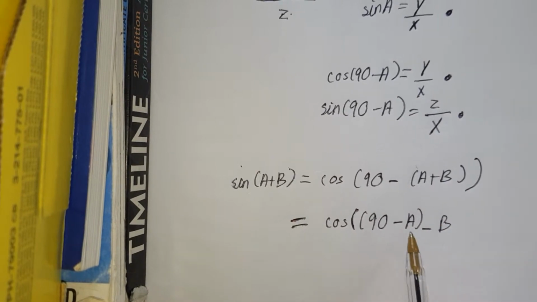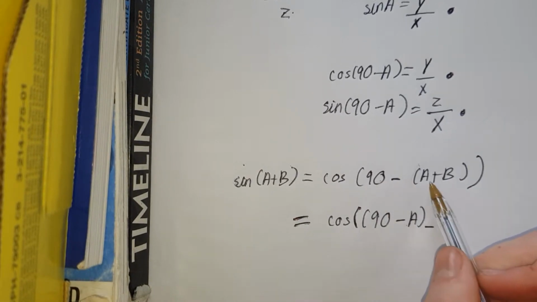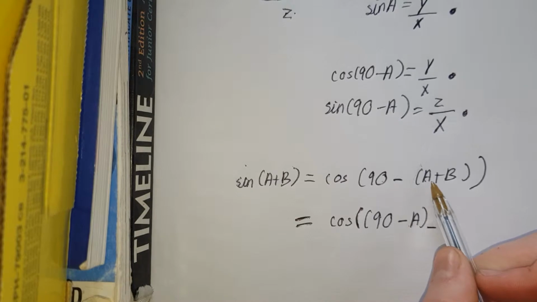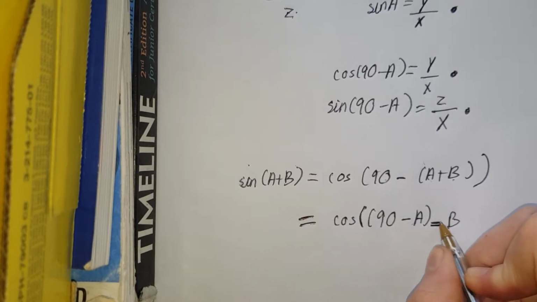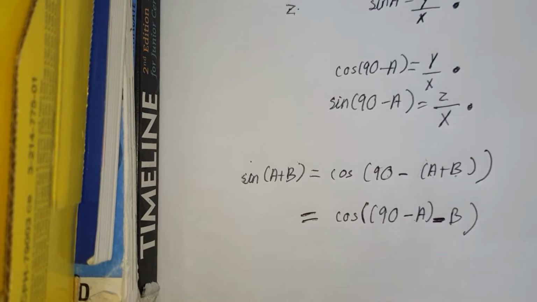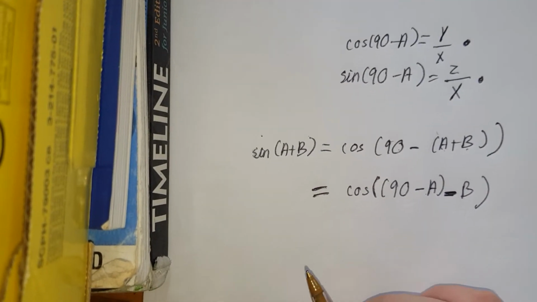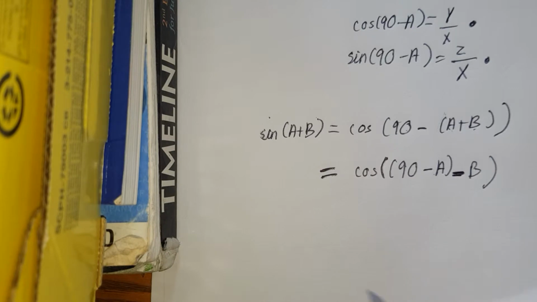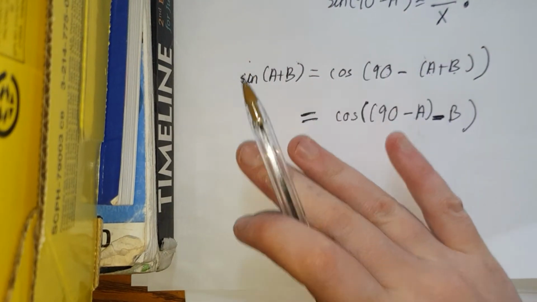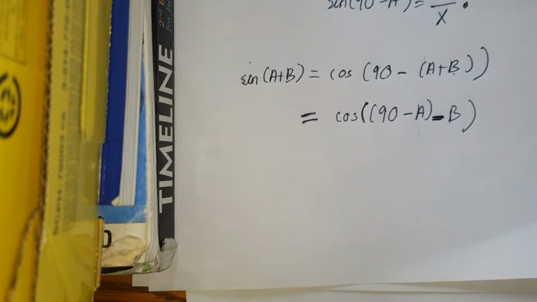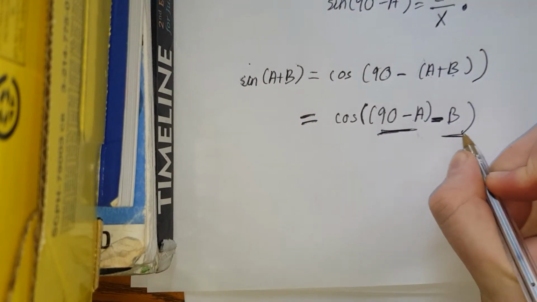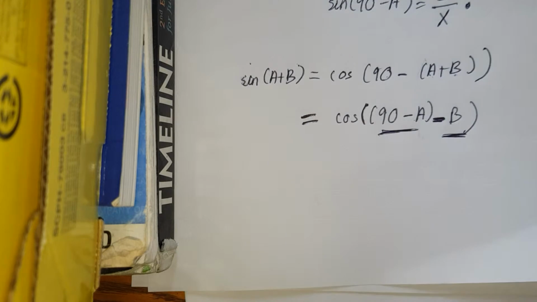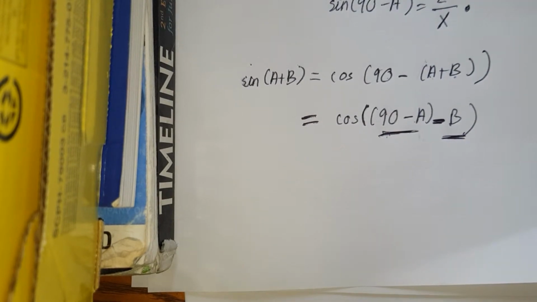So we're grouping the minus so that it goes to the B, but we're grouping the 90 and the minus A together. Now we have cos of one angle minus another angle.